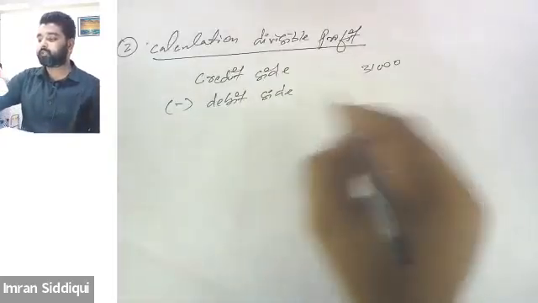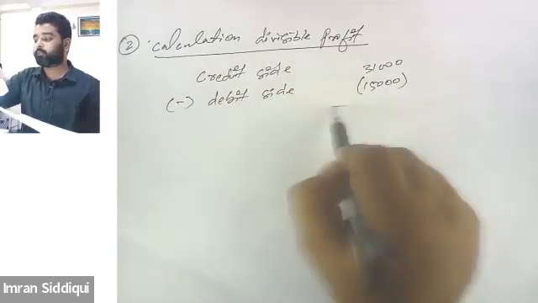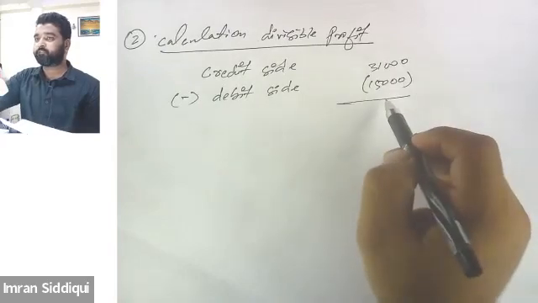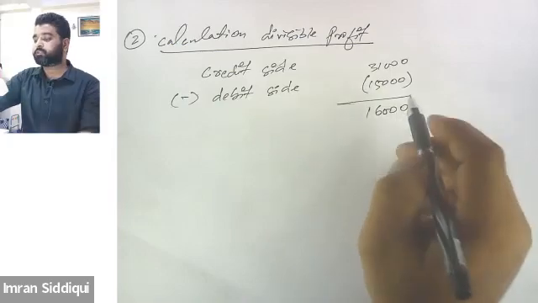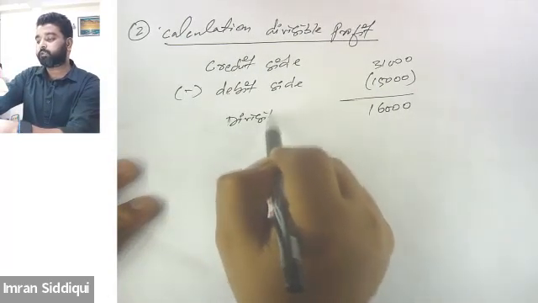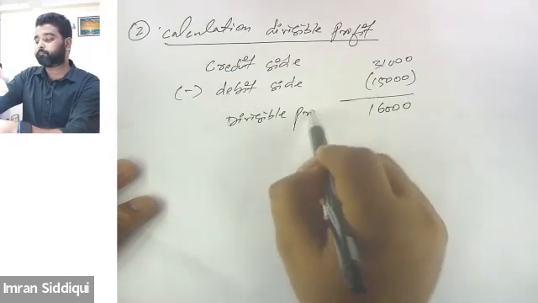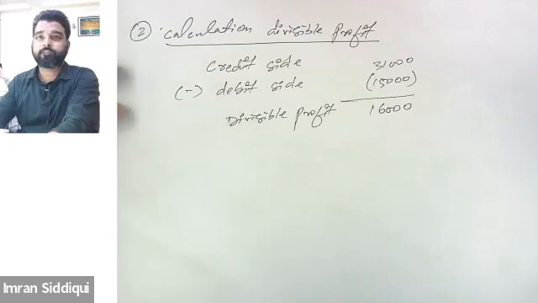The value on the debit side is 10,000 and 5,000, that means 15,000. Right? Is that clear, everyone? From 31,000, we will subtract 15,000, so we will get 16,000. This will be our divisible profit. Tell me, is the calculation of divisible profit clear to all of you?